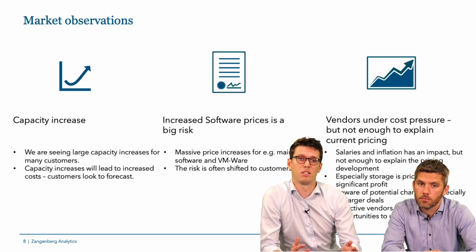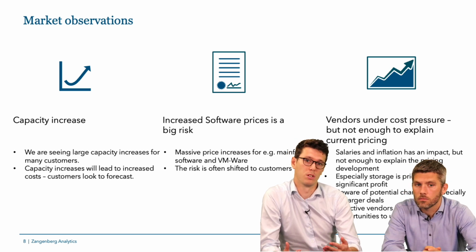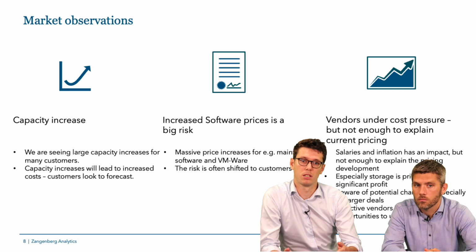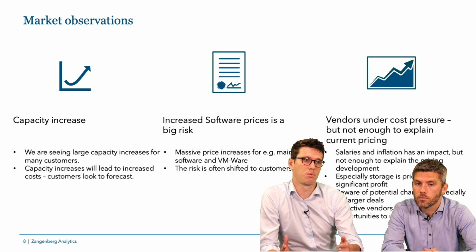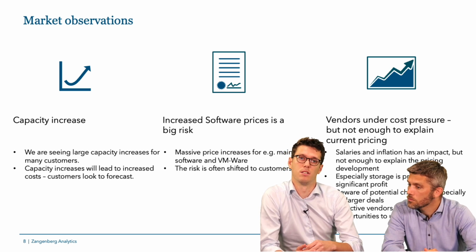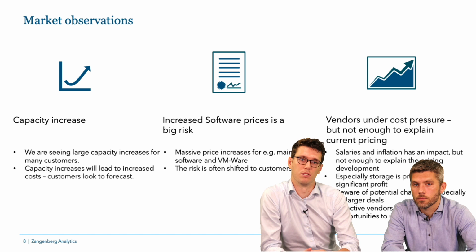And what we see is that vendors will look to shift the risk onto the customer, because usually virtualization software will be included in the ITO agreement, and thus the vendor will have the risk. But the recent price increases on VMware, for example, have led the vendors to seek discussion on how we can share the risk of the additional price increases.